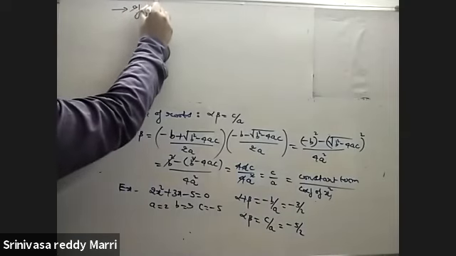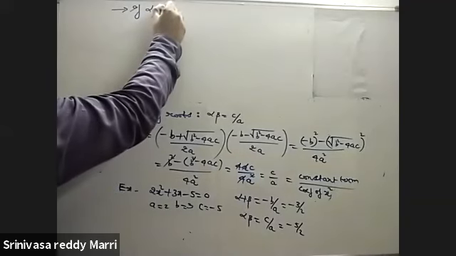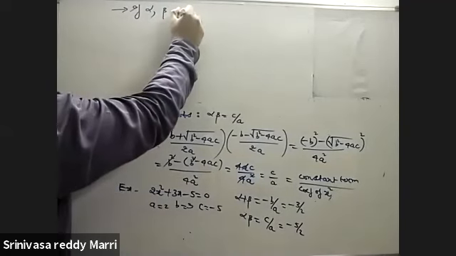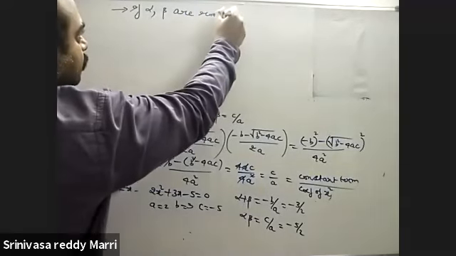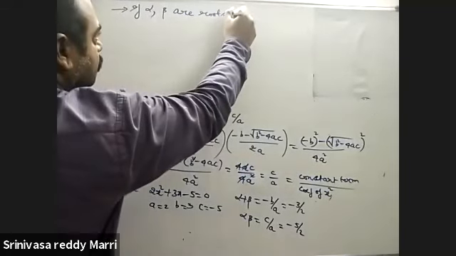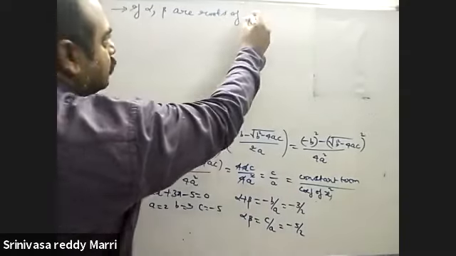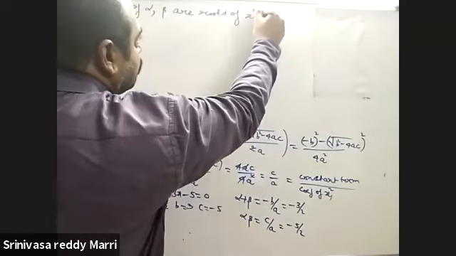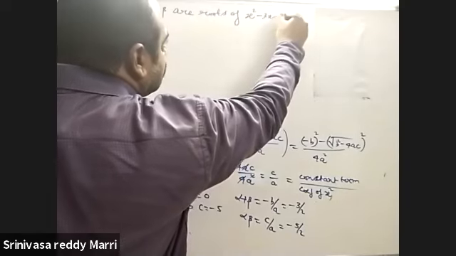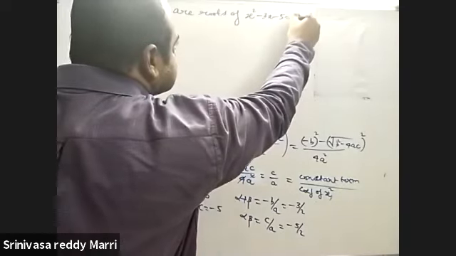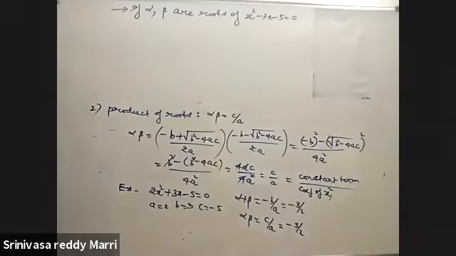Problem. If alpha comma beta are roots of x square minus 3x minus 5 equal to 0.